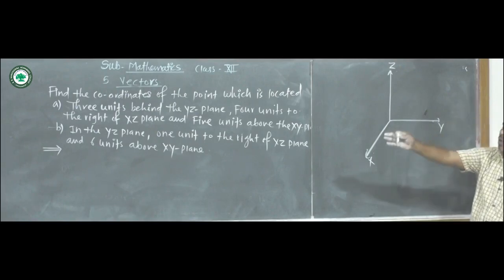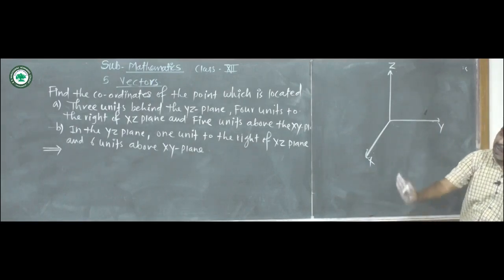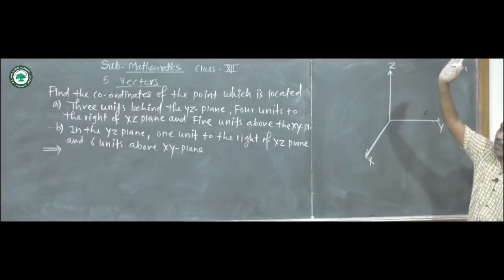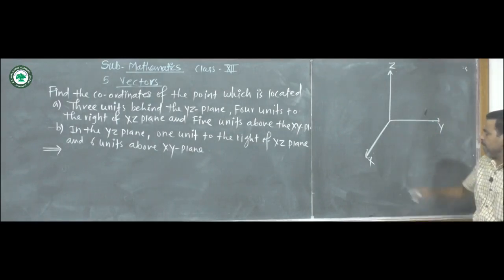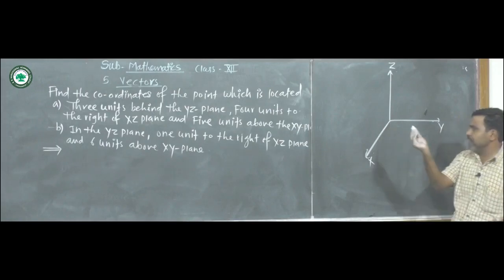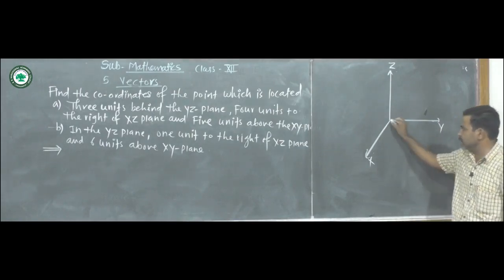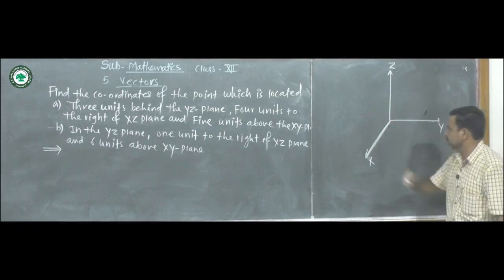Just imagine the corner of any room. This is the x-axis, y-axis, and that corner going in the upward direction is the z-axis. Actually, this x-axis is like this here, but in a two-dimensional drawing we can't show it, that's why it is in this way.